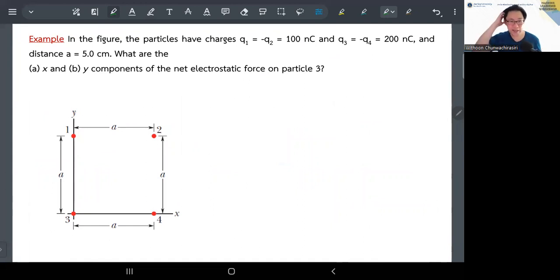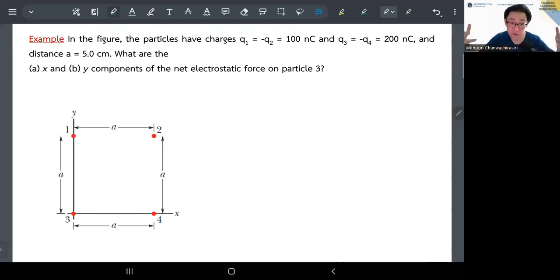All right. Now this one gets more complicated. Now you have 4 charges. And the question asks you to figure out the net force on the particle number 3. Now you have a choice. You can do it with Coulomb's law, calculating the force on each pair: 3 and 1, 3 and 2, 3 and 4.